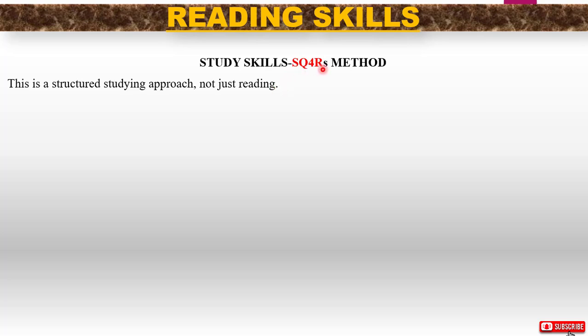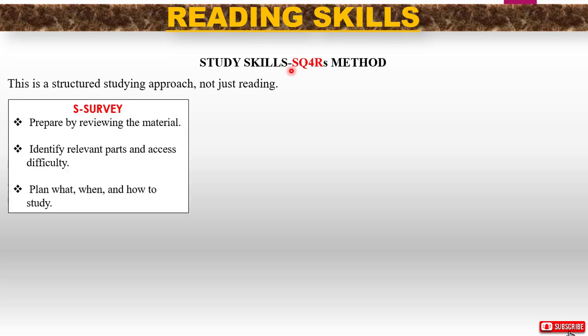SQ4R is an acronym. The S stands for survey. These are the things that you do before you read. So first of all, you will prepare by reviewing the material. So you will identify the relevant parts that you want to read and then assess the difficulty of the text. So if the text is too difficult, you will approach the reading in a different way.